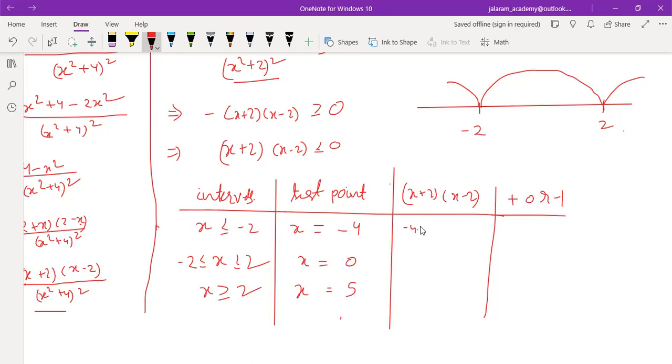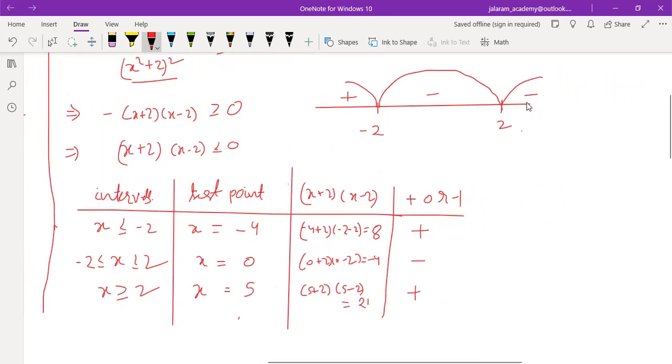So minus 4 plus 2 into minus 4 minus 2, the value is minus 2 into minus 6, 12. Means it is positive. So at less than minus 2, the value is positive. Again, when you use 0, 0 plus 2 into 0 minus 2 is minus 4, so it is negative. Then 5 plus 2 into 5 minus 2, 7 threes are 21, which is positive again. So plus, minus, plus.